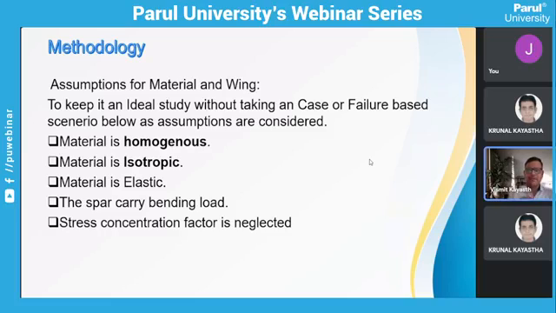So I can say that whenever we apply pressure on the wing, it won't be breaking up. It would just bend a little bit, and we are not going to entertain any kind of failures in between.